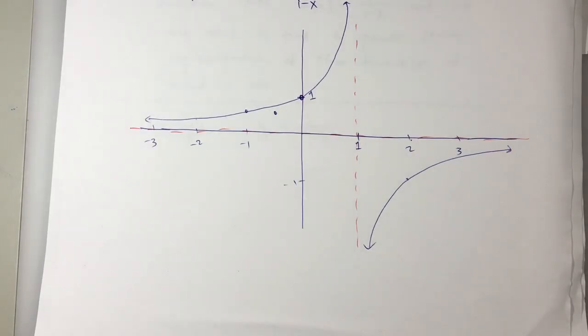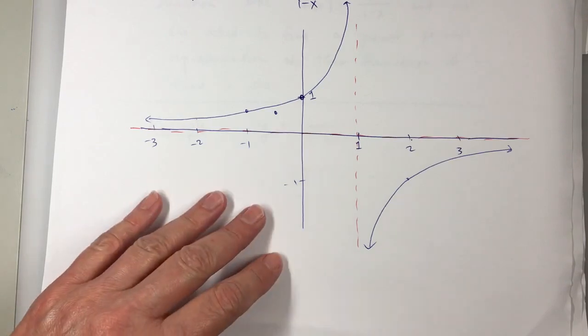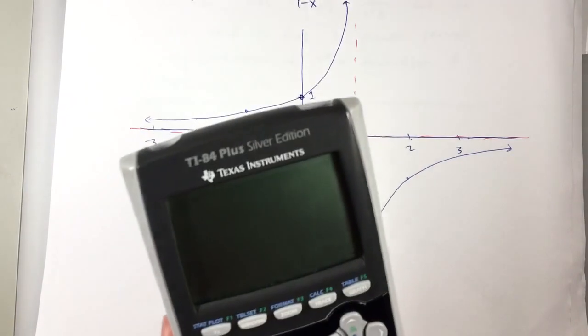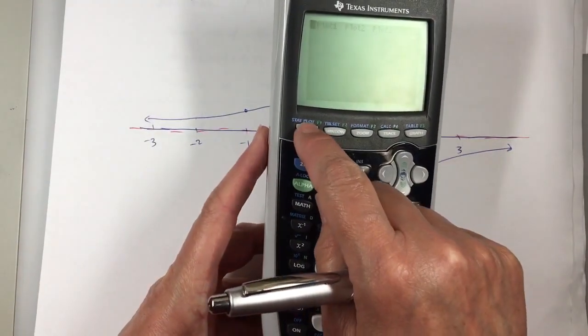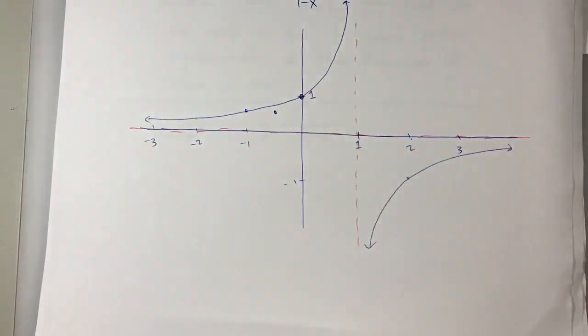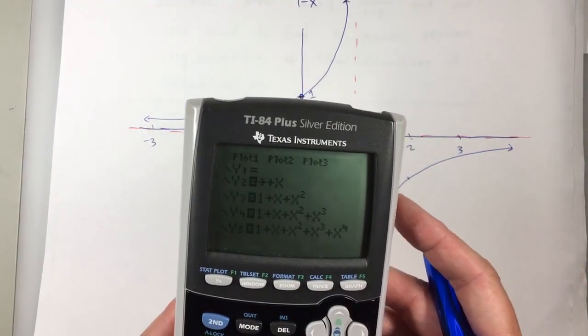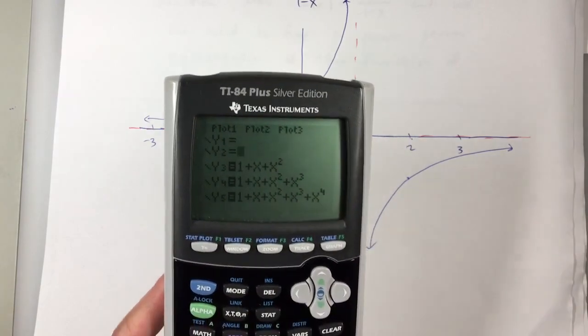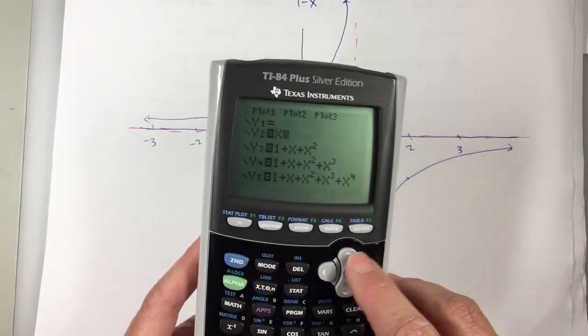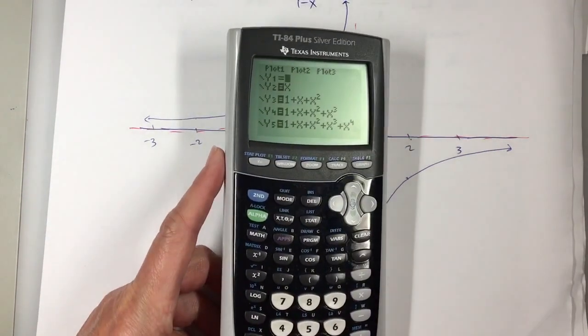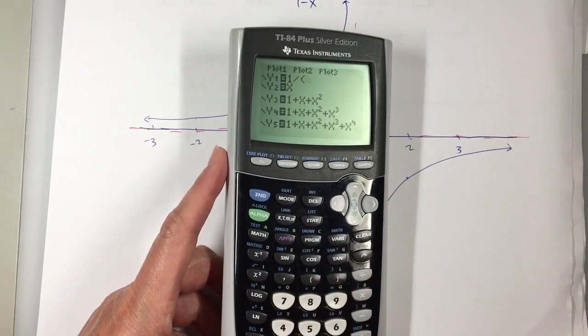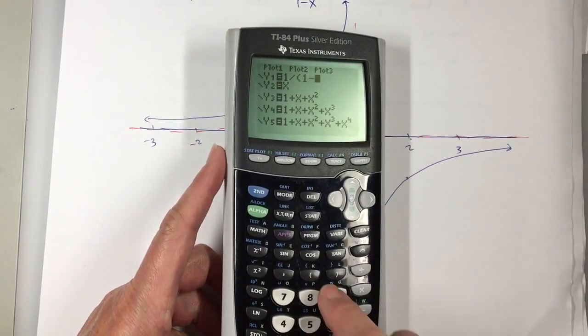Now when we're looking at power series, we're looking at this infinite polynomial. And what I did in the graphing calculator yesterday, let's see if they're still in here. Some of them. Okay, I'm just going to clear that one. In y1, I'm going to put 1 divided by 1 minus x.